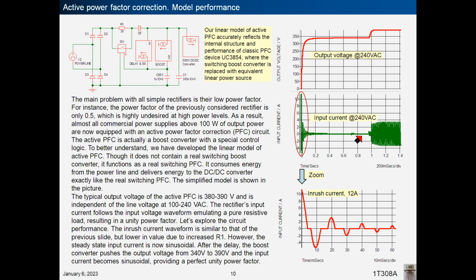After the delay, the boost converter pushes the output voltage from 340 to 390 volts, and the input current becomes sinusoidal, providing a perfect unity power factor.